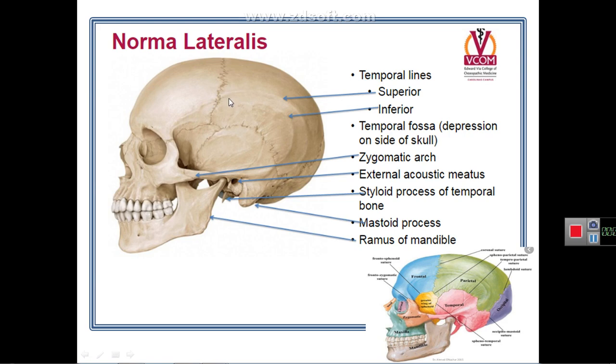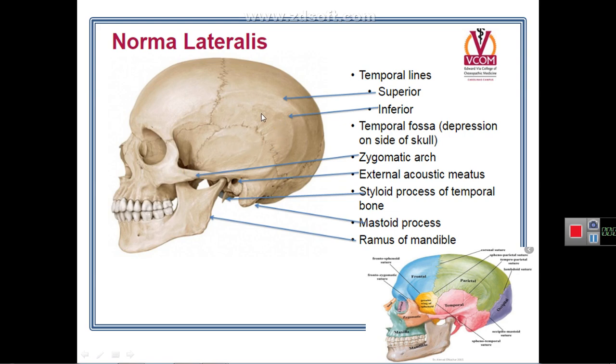Then it divides into superior and inferior temporal lines, which continue backward and then downward. The superior temporal line fades out, while the inferior temporal line continues as a boundary of the temporal fossa, and it turns forward, continuing with the supramastoid crest, or suprameatal crest, and then the line continues with the upper border of the zygomatic arch.